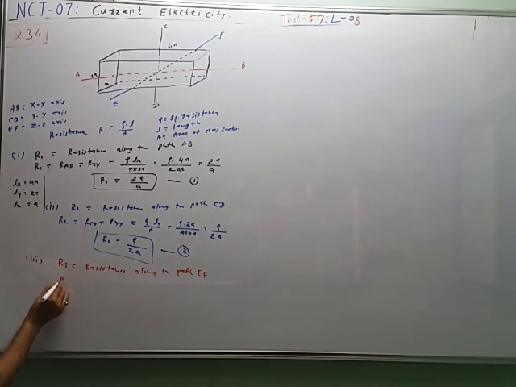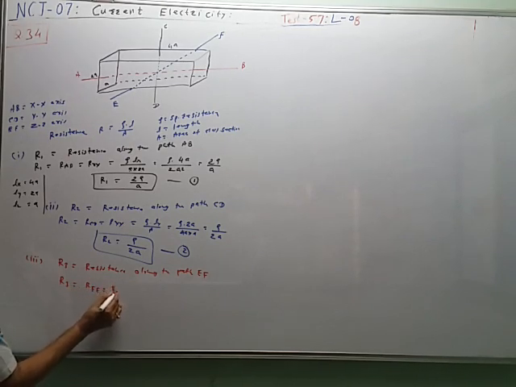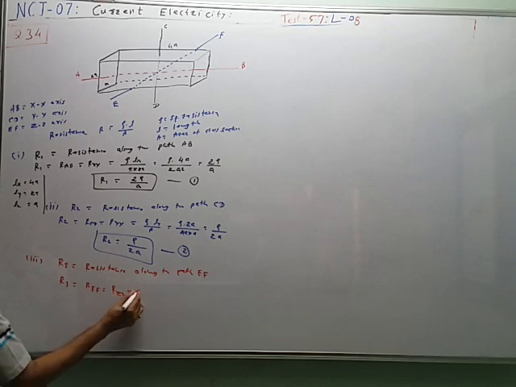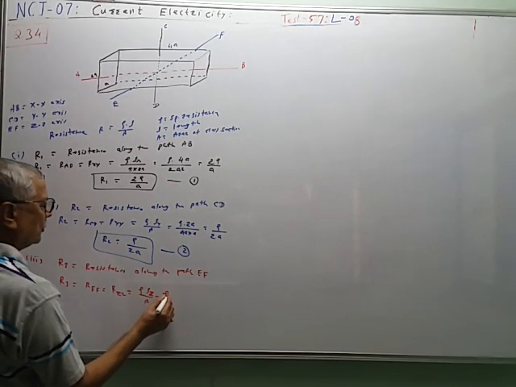So R3 is equal to R_EF, which is equal to R_zz, which is rho into Lz upon the area.